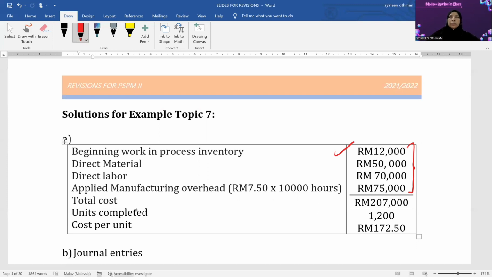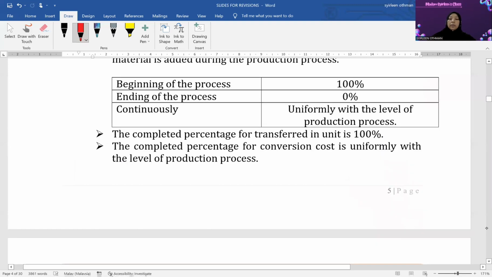So kalau kata you ada more than one job, that means you need to list down everything lah. So maybe this is job 101, 102, and 103, and so on. Okay. So for example, here I am going to use only one job. The question given is only for one job. So kita akan kira untuk satu job sajalah.